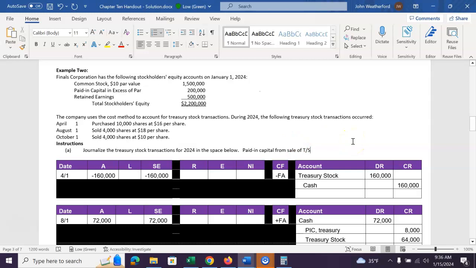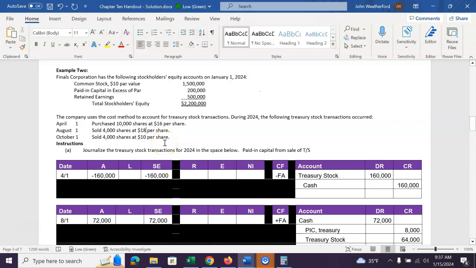That account is a stockholders' equity account, and it's of course going to increase on the credit side, and we'll increase it when we sell treasury stock shares for more than we bought them for. And it's easy to see here that we did that, right? We bought these treasury stock shares for 16 per share, sold them for 18 per share.